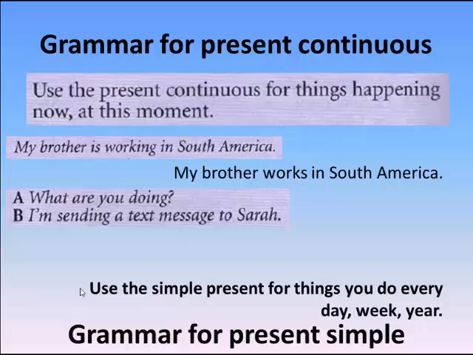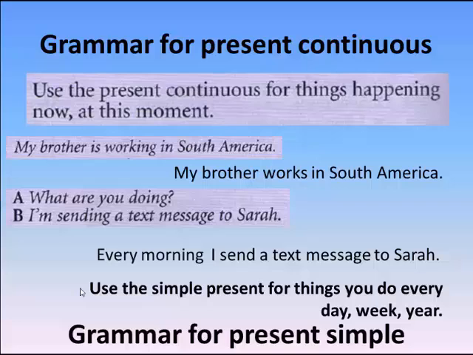South America is his routine. If I say I send a message to Sarah, that means I always send a message to Sarah. Not I'm sending a text message right now. Usually we would say every morning or every day I send a text message to Sarah.